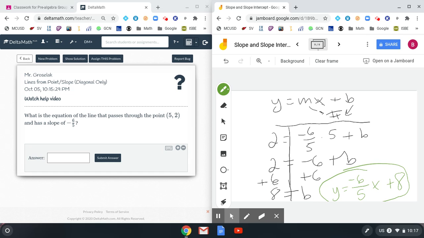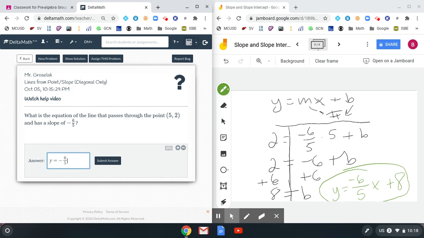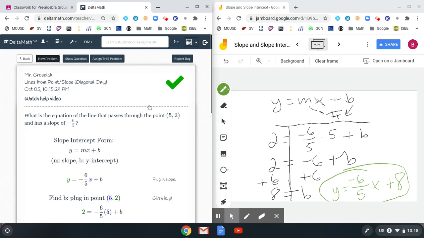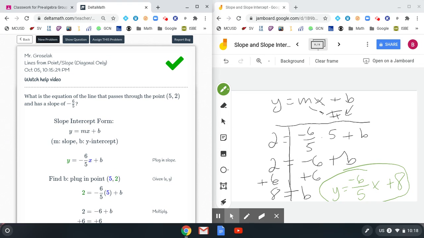We want to know what the different inputs and outputs are, whereas the slope is the same the whole time, and the y-intercept is the same the whole time. So let me plug it in. y equals negative 6 over 5x plus 8. I'm going to submit. Yes, I want to submit. And yes, I got it correct.